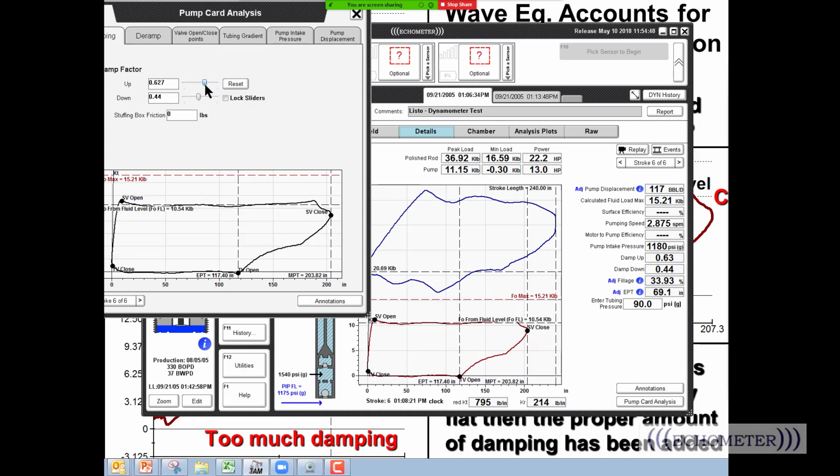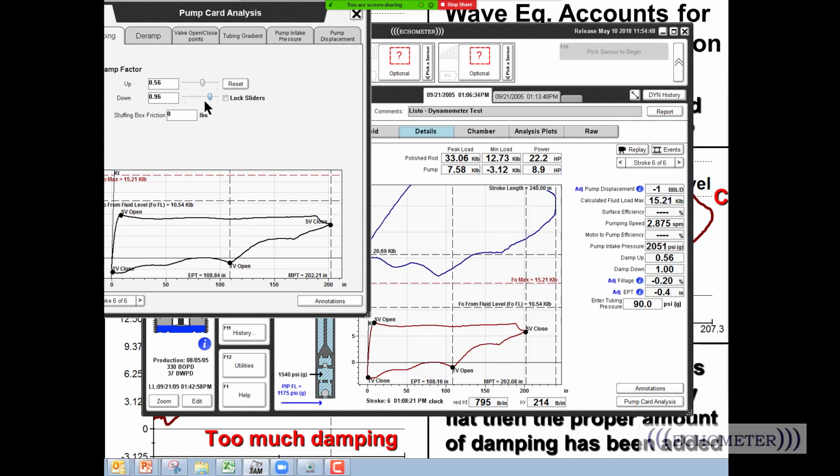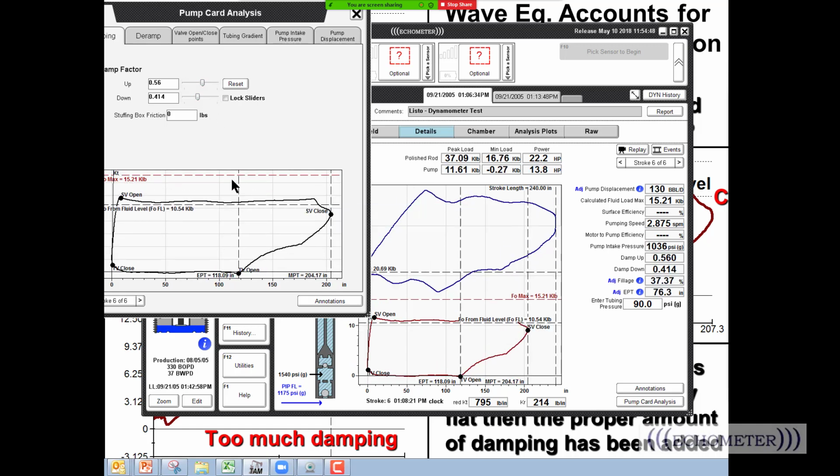When I get the line fairly flat, I'm going to stop adjusting it. And if I increase the damping factor on the downstroke, it's going to take away from the bottom. See how it crushes it from the bottom. But this is data from the PRT, so the data collapses on 0, but you're still crushing it from the bottom.